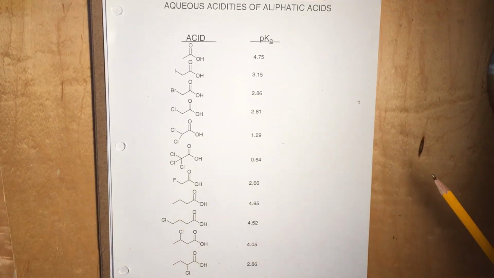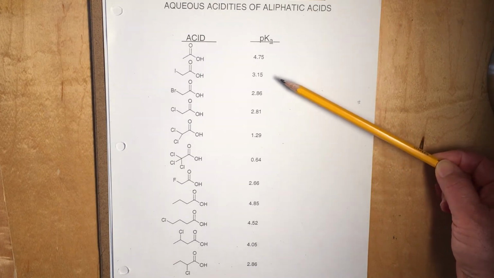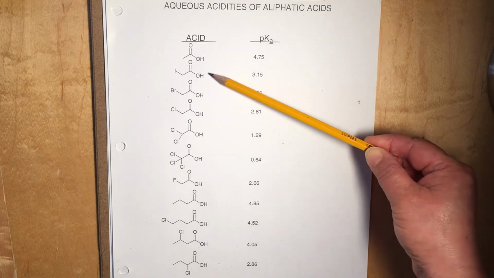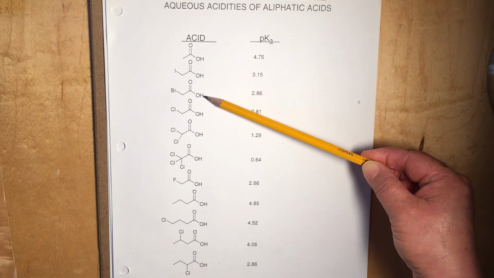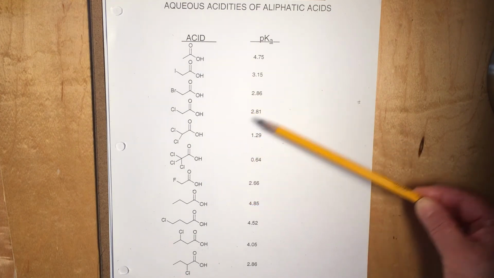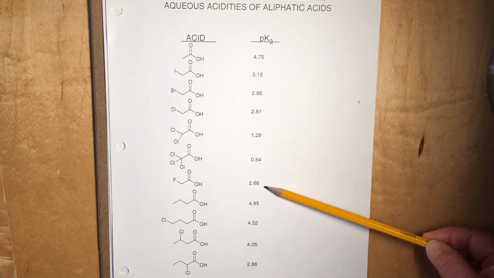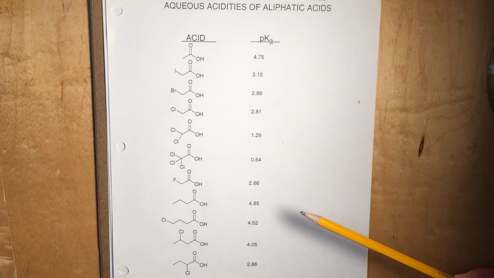Now, after discussing the reasoning associated with the acidity of different aliphatic acids in aqueous solution, we can see that starting with iodoacetic acid to bromo, chloro, and fluoroacetic acid, the pKa decreases from bottom to top on the periodic table.